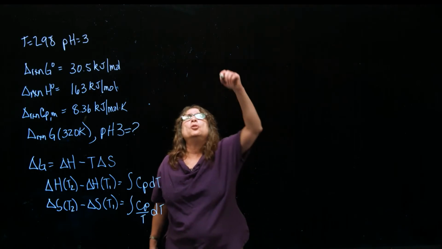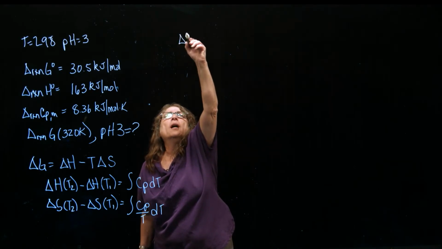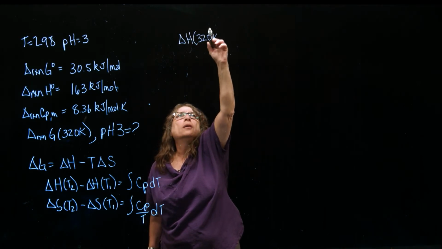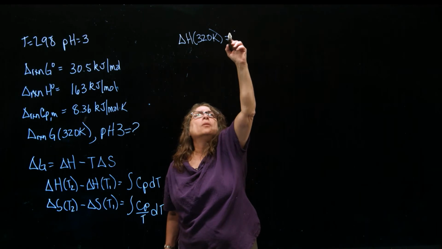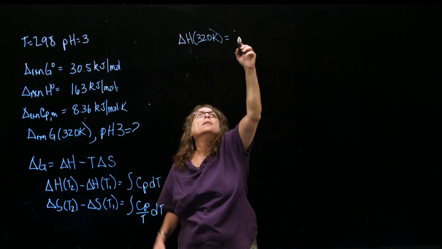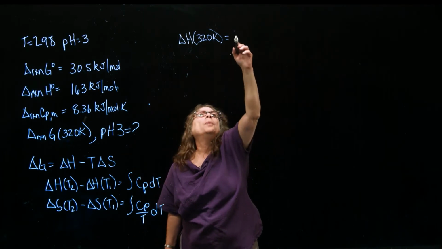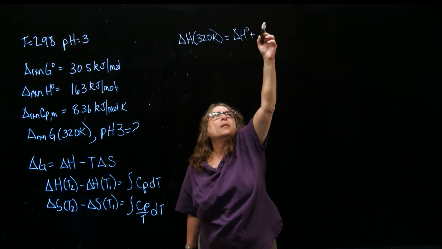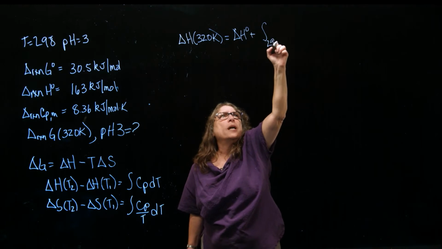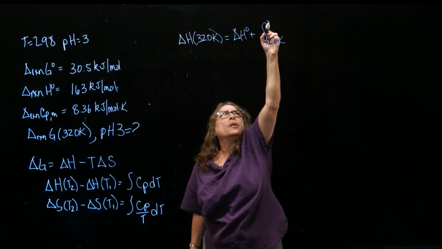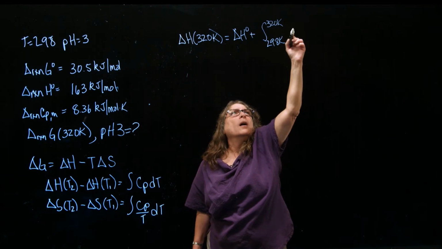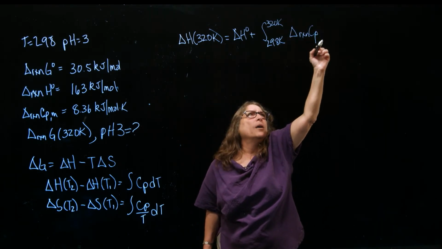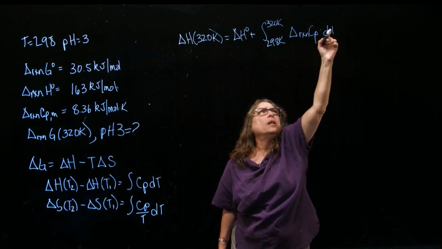So I'll do this in two parts. I'll look at the enthalpy at 320 Kelvin first, and that's equal to the enthalpy under standard conditions plus the integral between 298 Kelvin and 320 Kelvin of the change for the reaction of the heat capacity times dT.